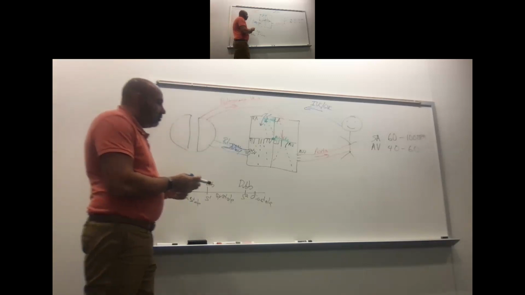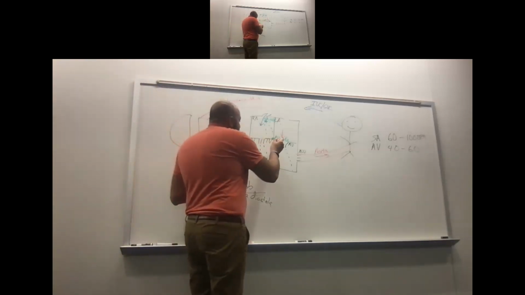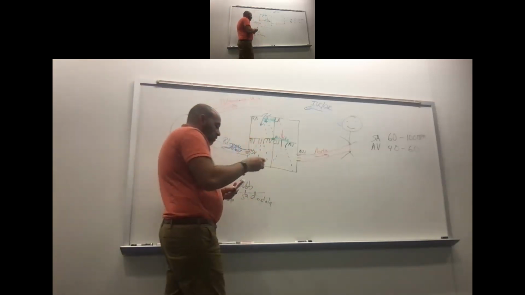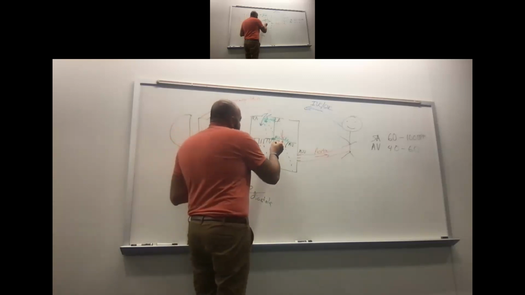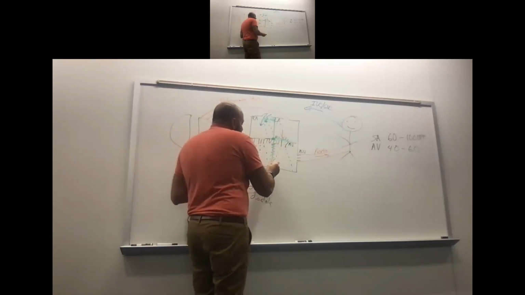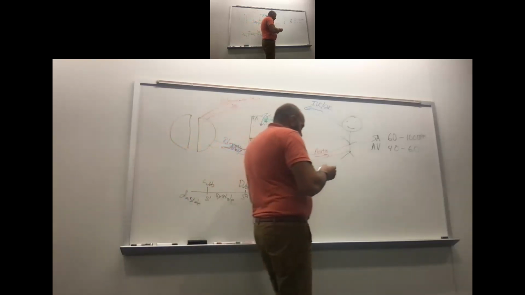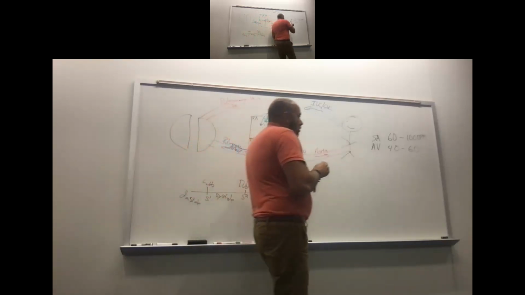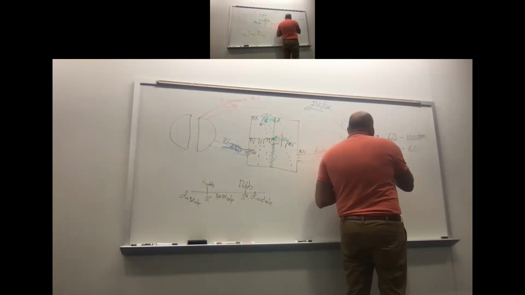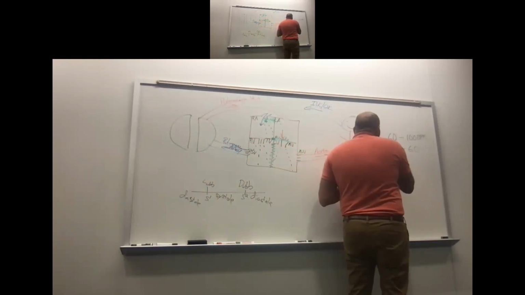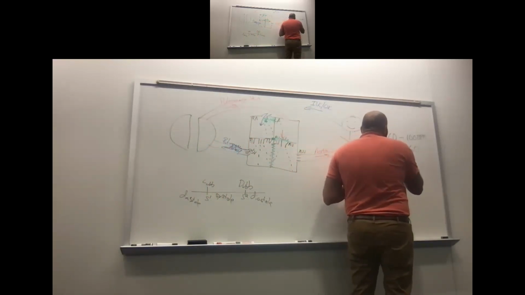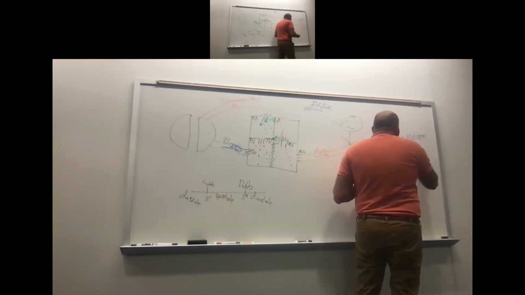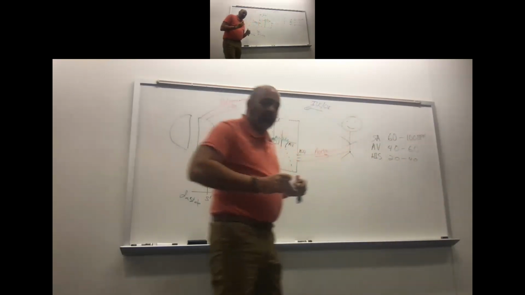The next area we go through is the bundle of His. Bundle of His typically beats 20 to 40 beats per minute.